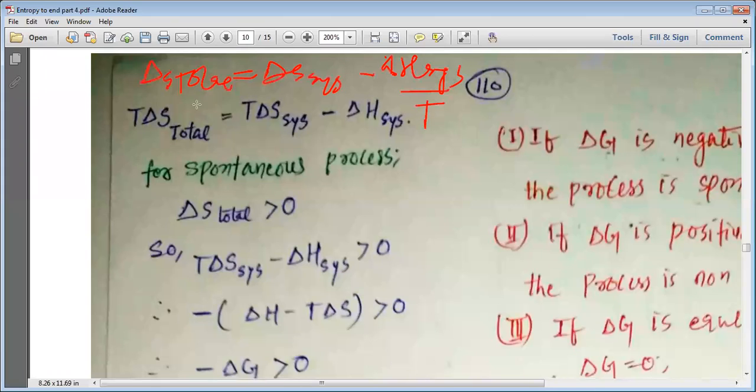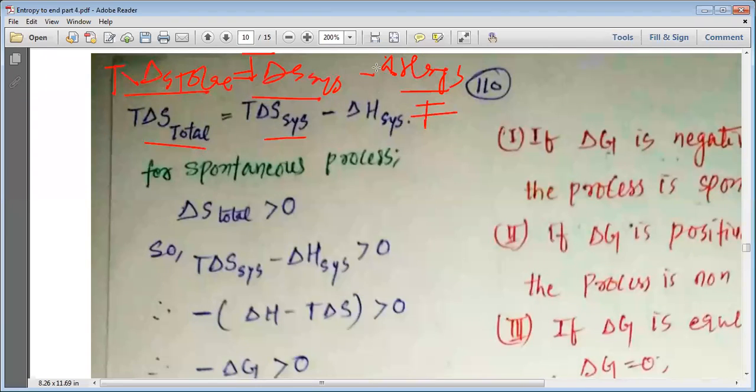So when you take T as the LCM and multiply all of these terms with T, this with T, this also with T, these T and T can be cancelled, and that is why finally you write T delta S total is equal to T delta S system.